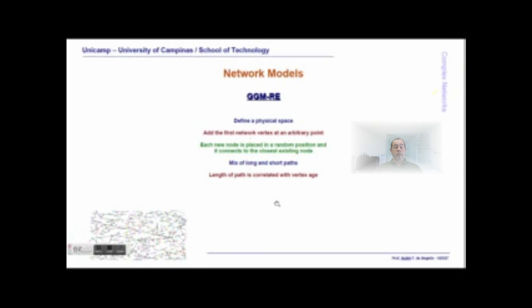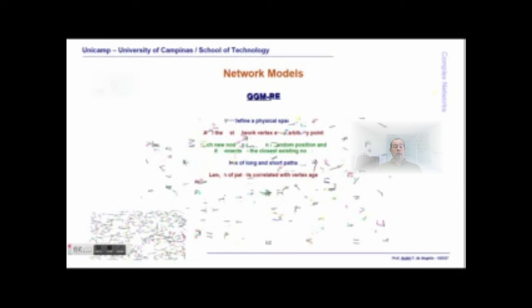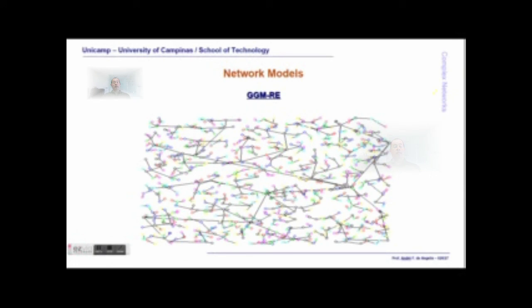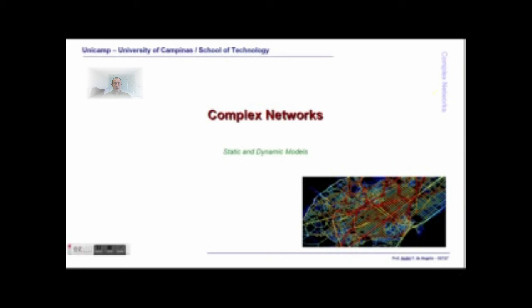It's random because I'm putting new nodes, but once I define the position, it can't be changed, and it connects to the closest existing node. This model mixes long and short paths, and the length of the path is correlated with the age of the node.